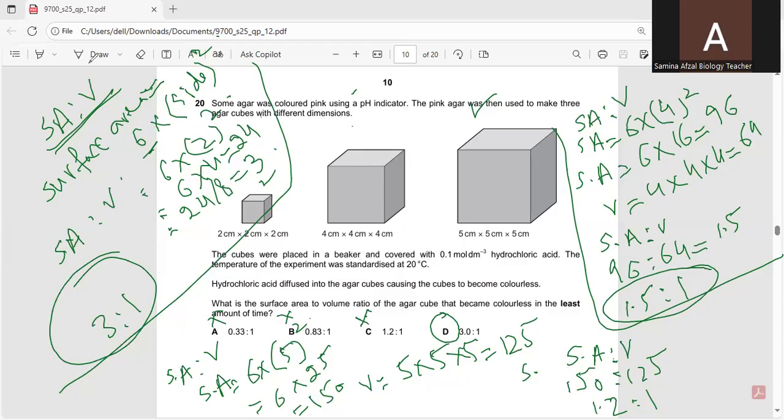C can be a correct option if they are asking which will take the maximum time, or which will take more time in comparison to the smaller cubes. So if the size is decreasing, the surface area to volume ratio is increasing, so it will take less time to become colorless. So D is the correct answer.